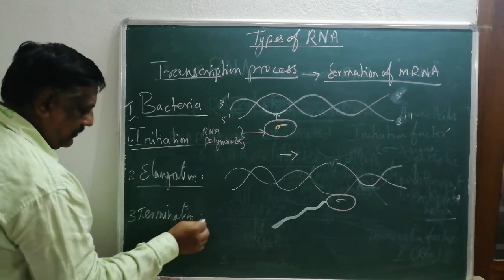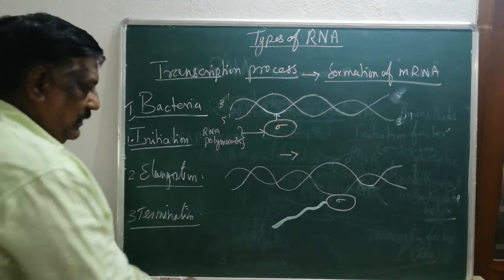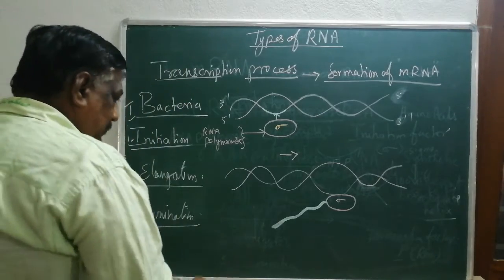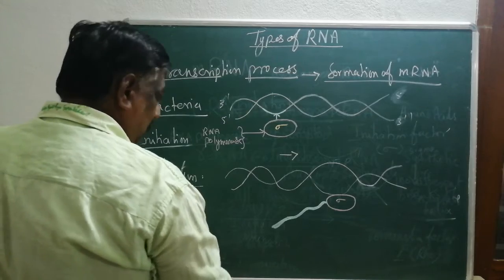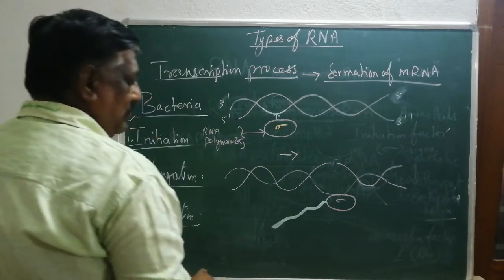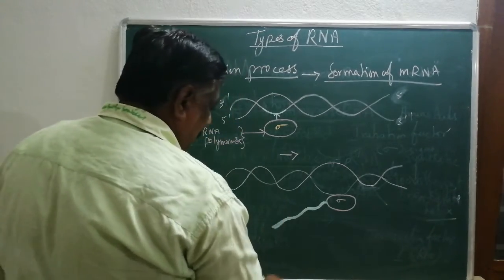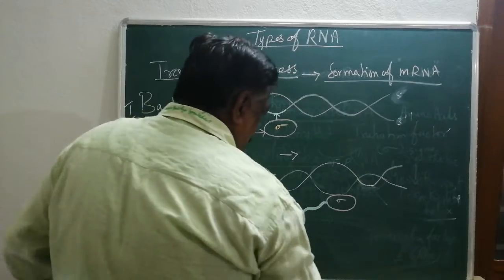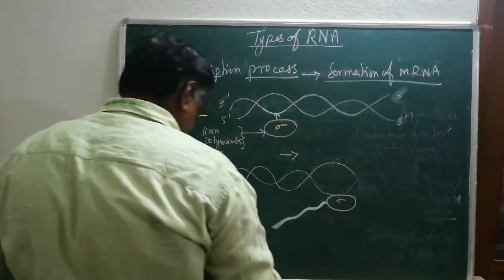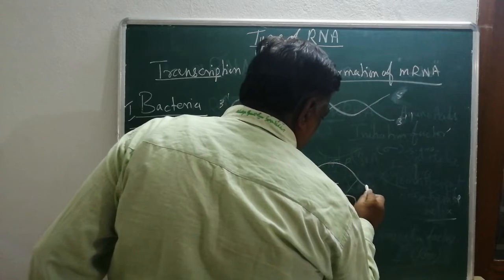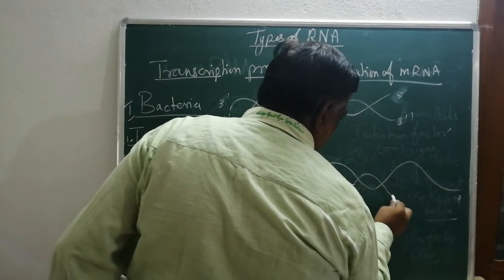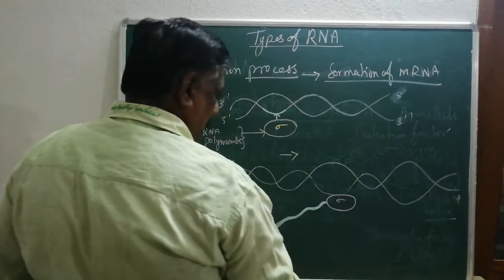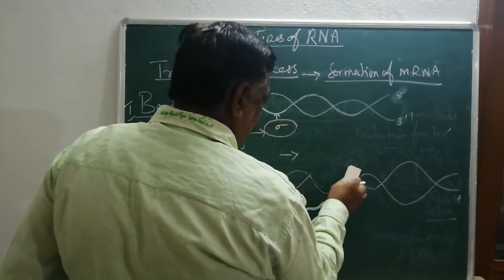And in the third stage, termination, end process. In the end process, the same diagram, this is very difficult to draw here, I will use the same diagram, I will shift this now, I will make it here. Okay, now I will change this diagram.